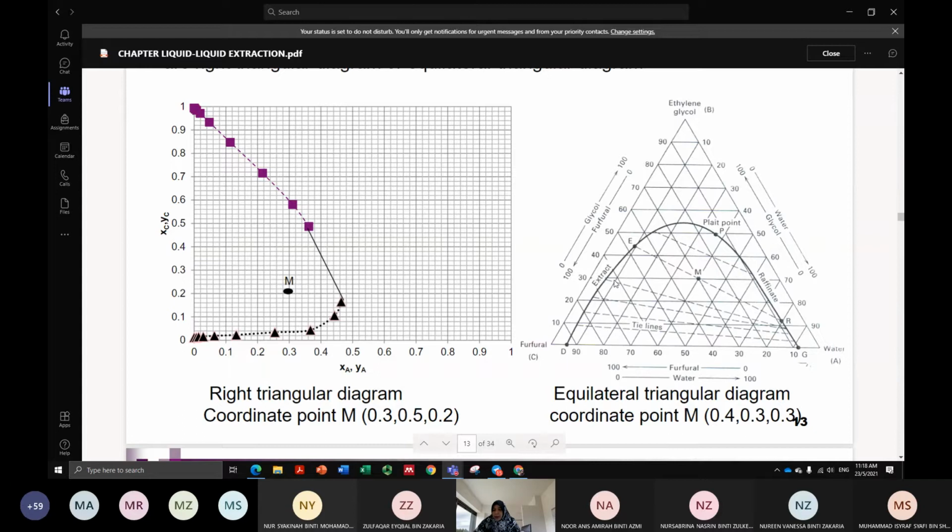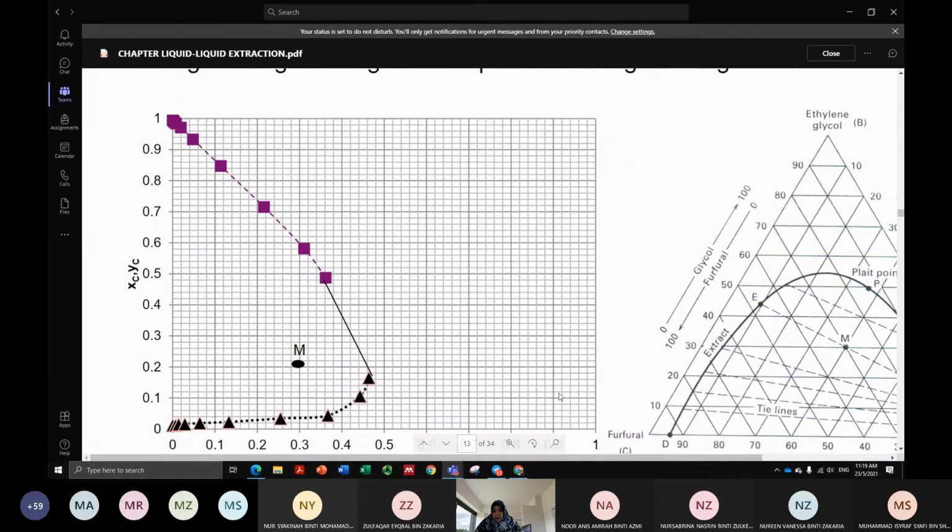Why do we need that? In order to draw the equilibrium curve, we need 2 points. One point is from the extract sample, another point is from the raffinate sample. If you look at this diagram, you have a dotted line here.